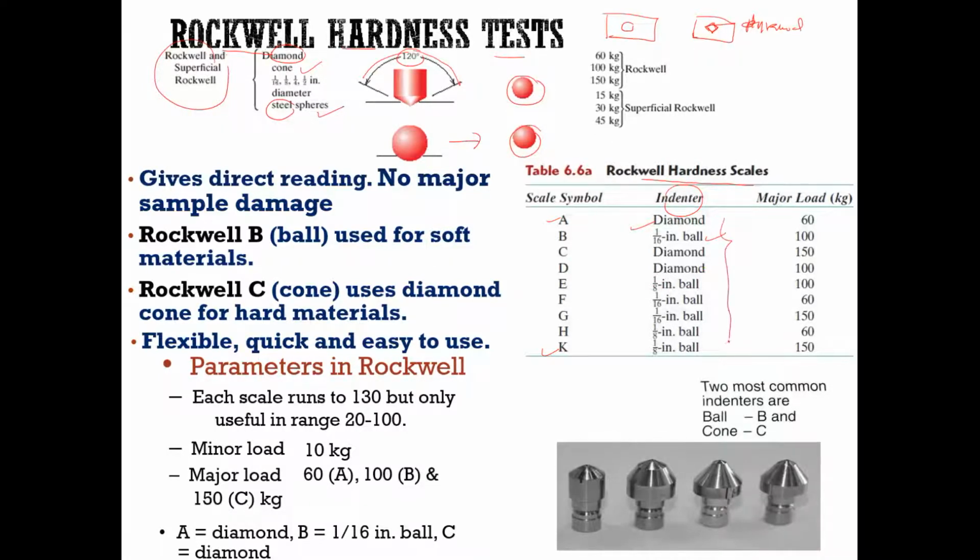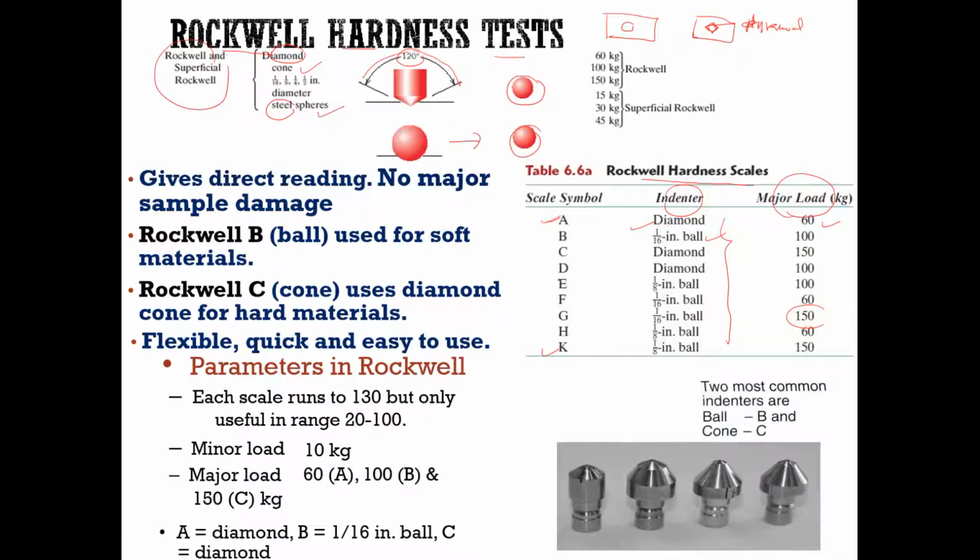So these are the different indenters that you use based on the scale that you choose, right? And then also the load that you will apply on that hardness testing. So from 60 kilogram, which is quite high, up to around 150 kilogram.